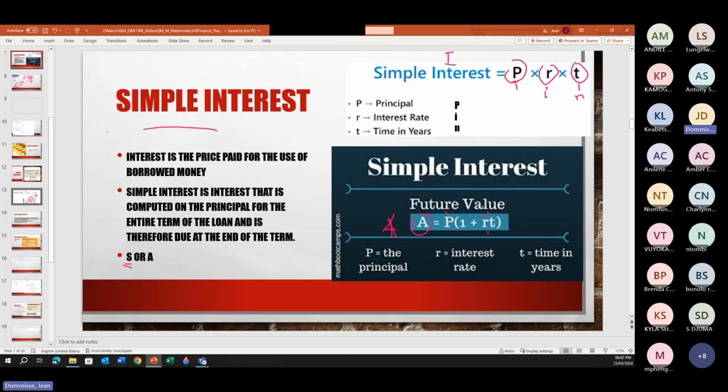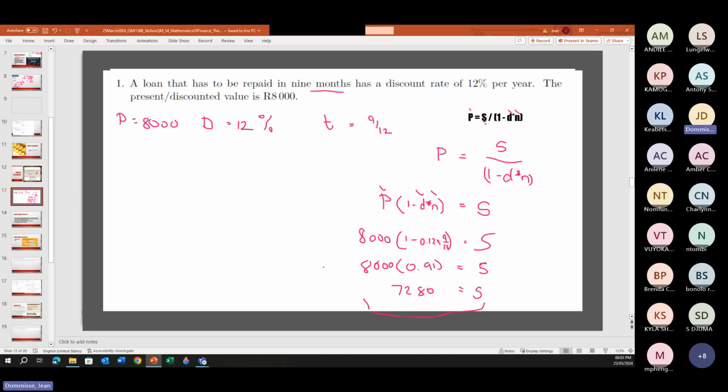When you work with discount, your future value will be less than your present value, because you're getting a discount on that. So just make sure when you're working that out and checking your answers that you pick that up.